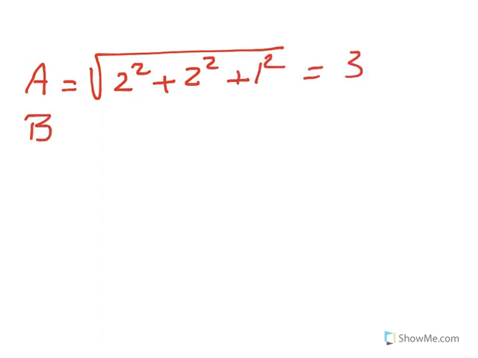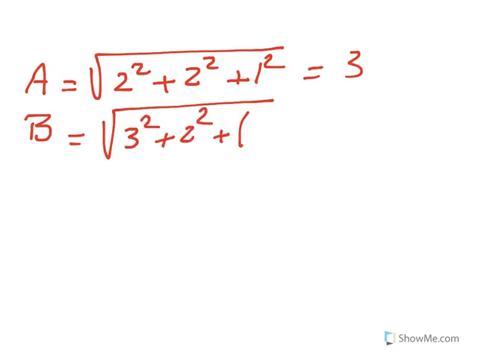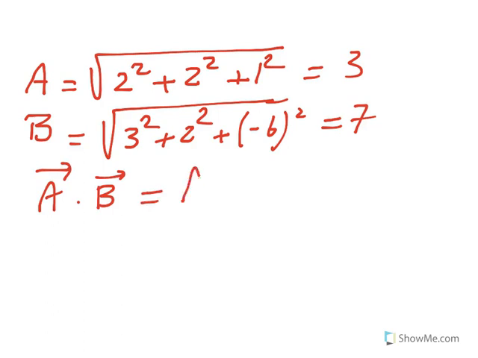So that's the length of vector A, or the magnitude of vector A. Vector B was 3i plus 2j minus 6k. So 3 squared plus 2 squared plus negative 6 squared. That actually becomes 7.